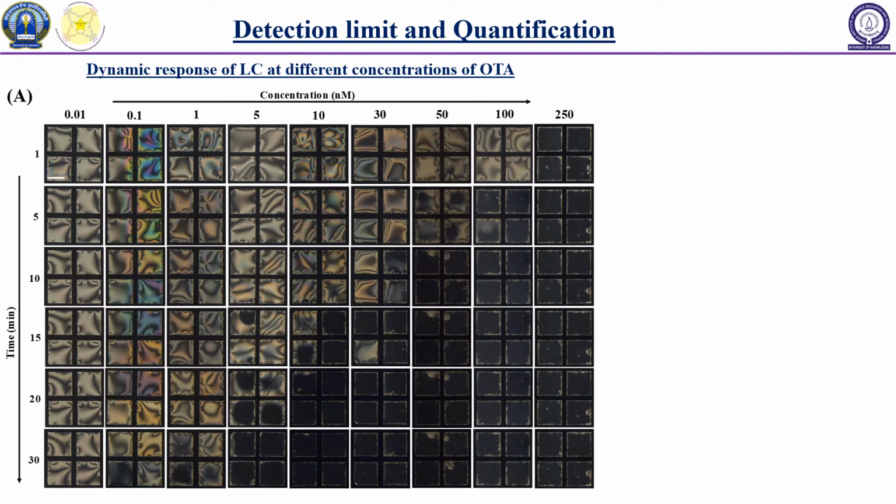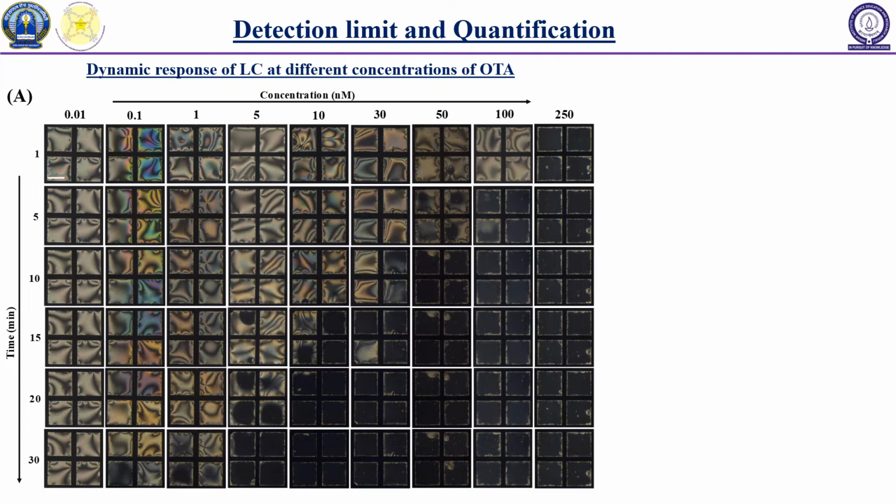Next, we were interested to investigate the sensitivity and the response time of the LC-APTA sensor toward the detection of the OTA. For this, we varied the concentration of the OTA from 250 nanomolar to 0.01 nanomolar, and we observed that at higher concentration of OTA, the homeotropic orientation of the LC was observed within 1 minute.